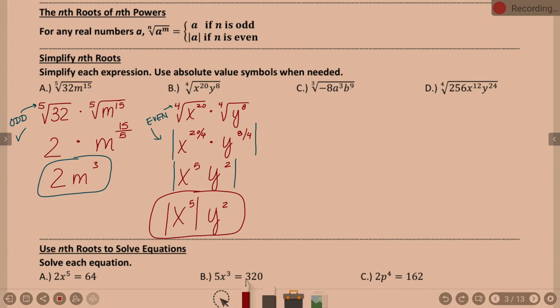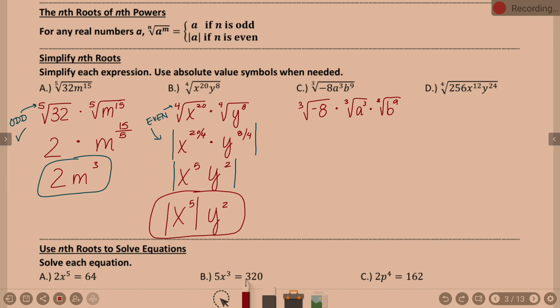Cube root of negative 8, a to the 3rd, b to the 9th. Can you think this through? I don't know if you still want it broken up, but I'm going to do it. Cube root of negative 8 times the cube root of a to the 3rd times the cube root of b to the 9th. Okay.